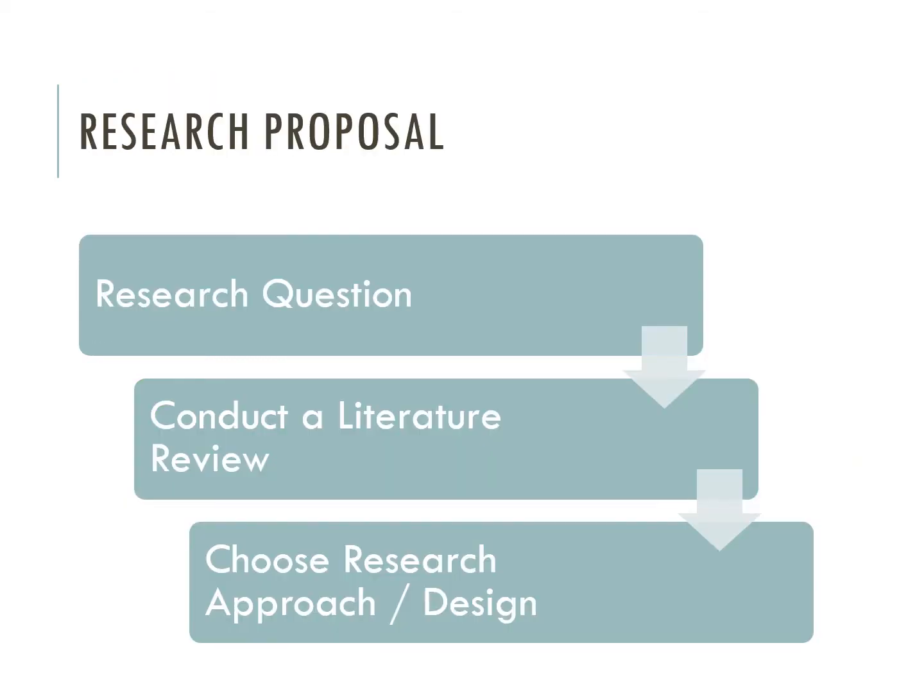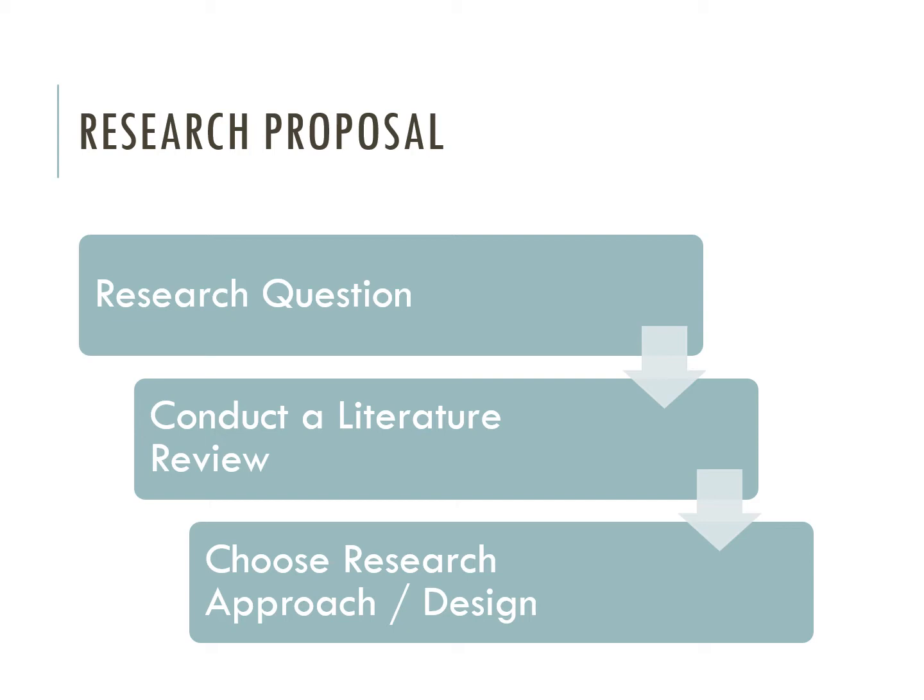Okay, so we have our question, right? We know what we think might happen, and so we know the null hypothesis. The next step is that we need to collect information about what is already known. In order to do this, we conduct a literature review. We're going to come up with some search terms.